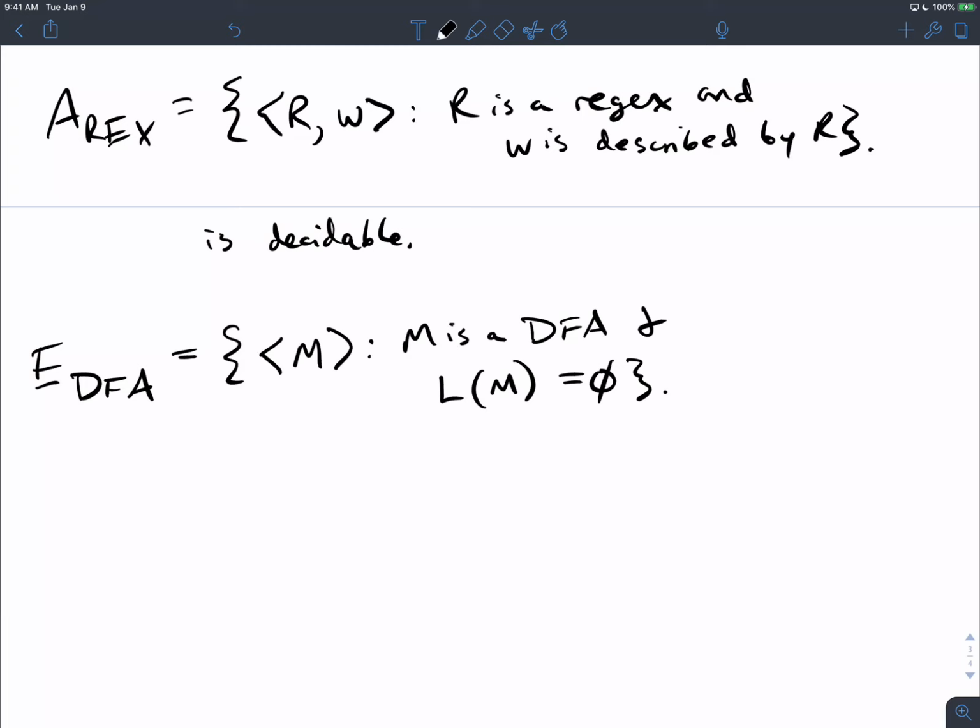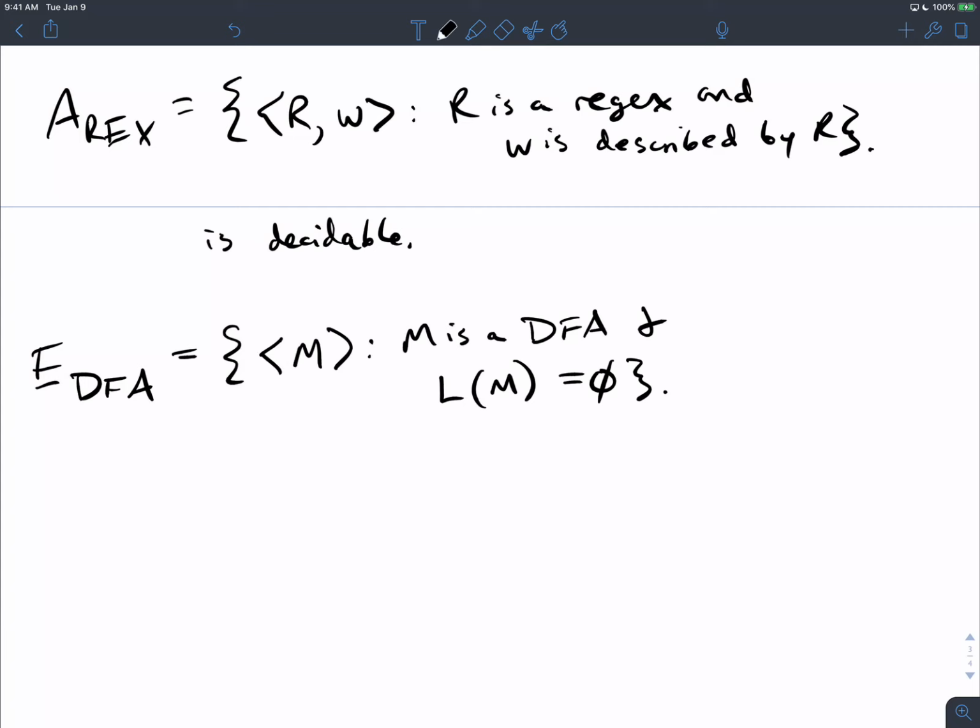So, okay, any ideas of how to approach this? Well, let's try this. Let's try the empty string, then all strings of length 1, all strings of length 2, all strings of length 3, and so on, and see if any of them go to a final state.